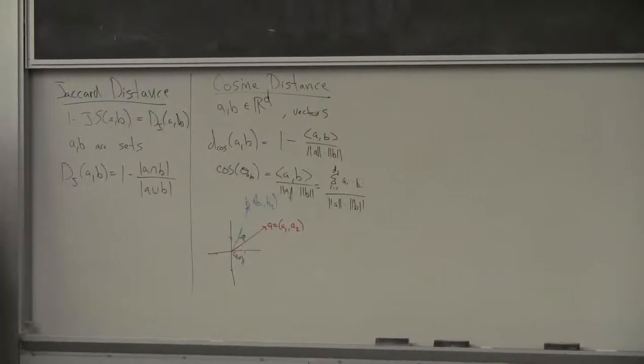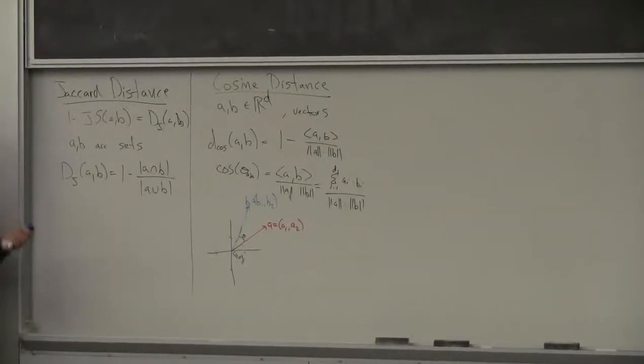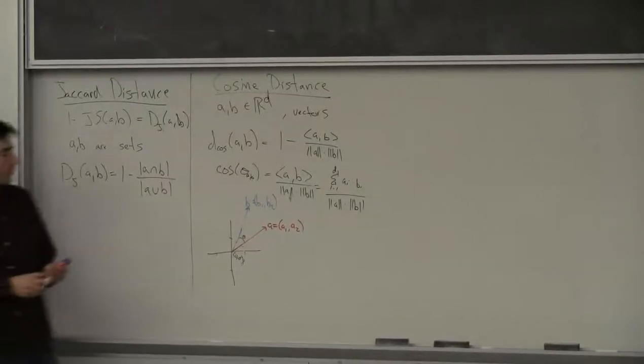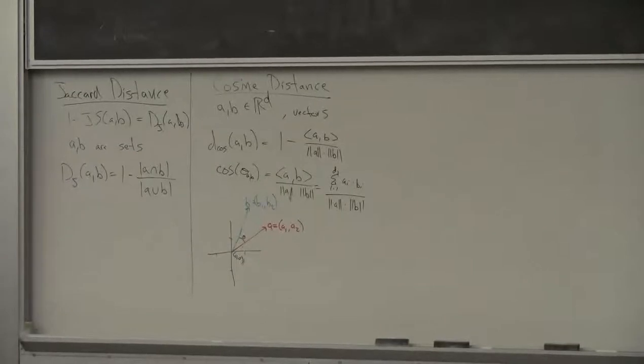For an angle of, say, 120 degrees, the cosine is going to be negative.